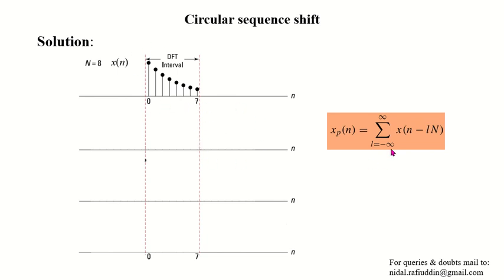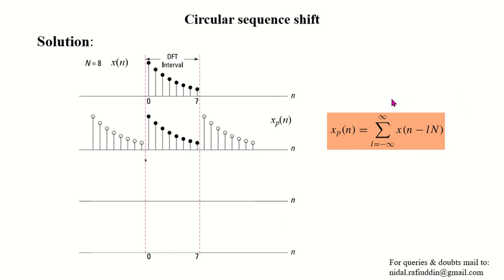And if we talk about L minus 1, in that case the sequence will be shifted backward, and thus xpn will be a sequence that we obtain from minus infinity to plus infinity, and it will be periodic in nature. So this is the sequence xpn, which is periodic in nature, as well as varying from minus infinity to plus infinity.